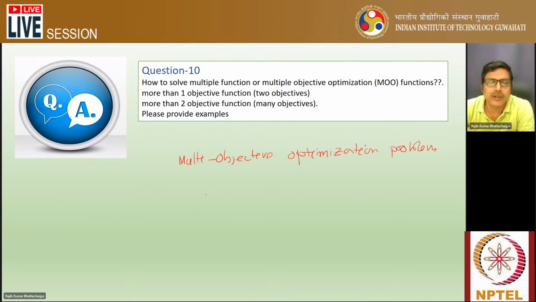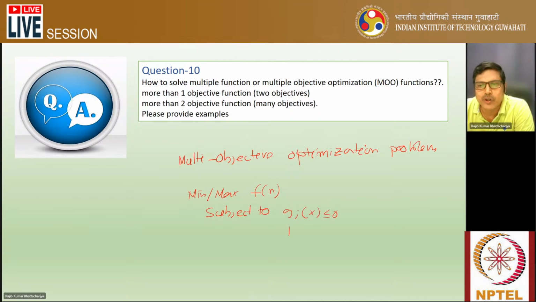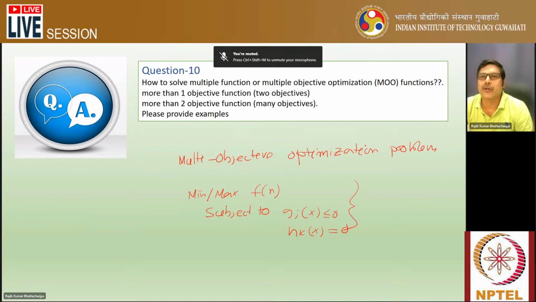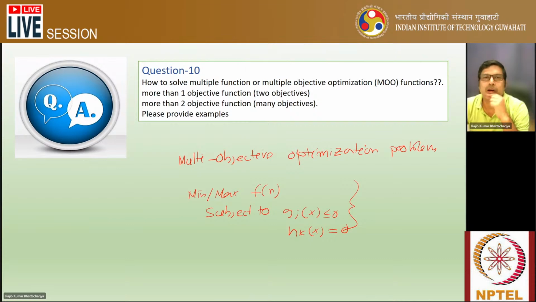So far, whatever we have discussed, we have either a minimization or maximization problem of f(x), subject to zj(x) less than or equal to 0 or hk(x) equal to 0. This problem we have solved basically. But this question is related to a multi-objective optimization problem.